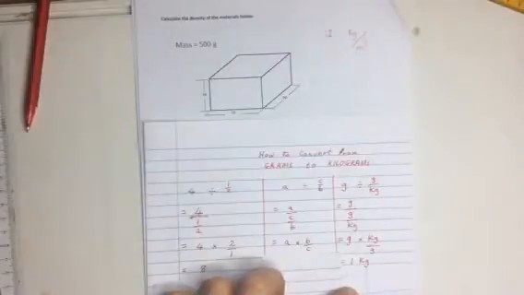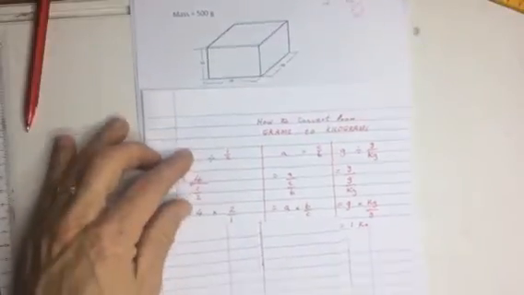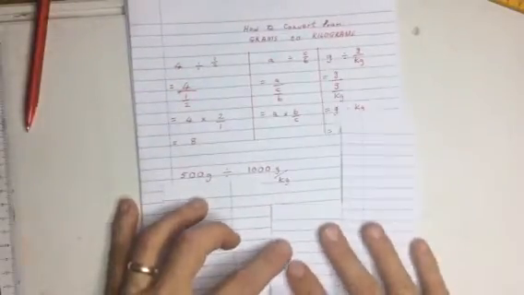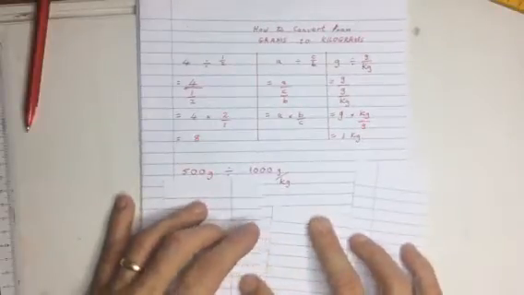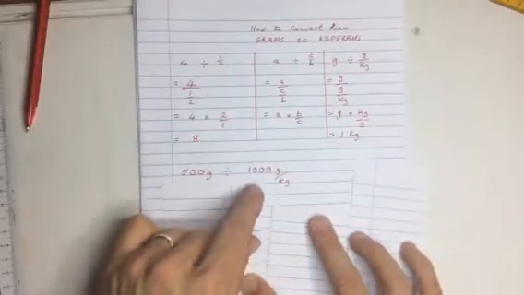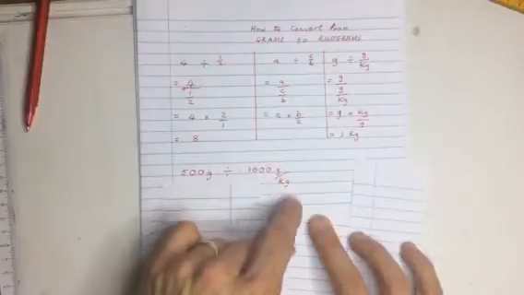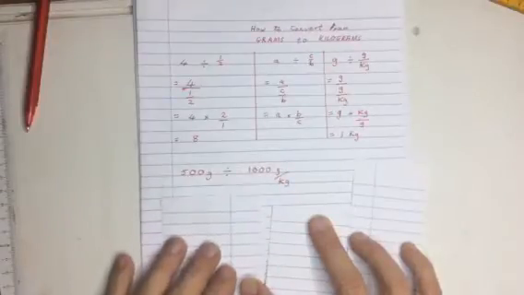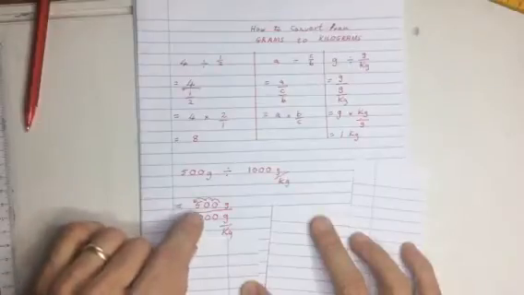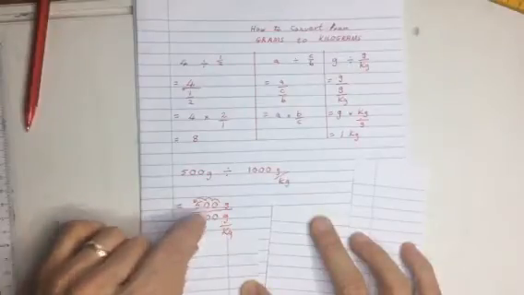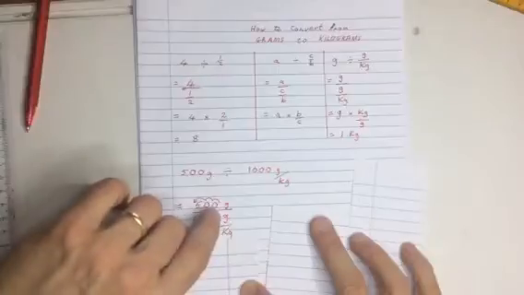Right. Let's have a look at how that's going to influence me doing this little calculation over here. I've got 500 grams divided by 1,000 grams per kilogram.